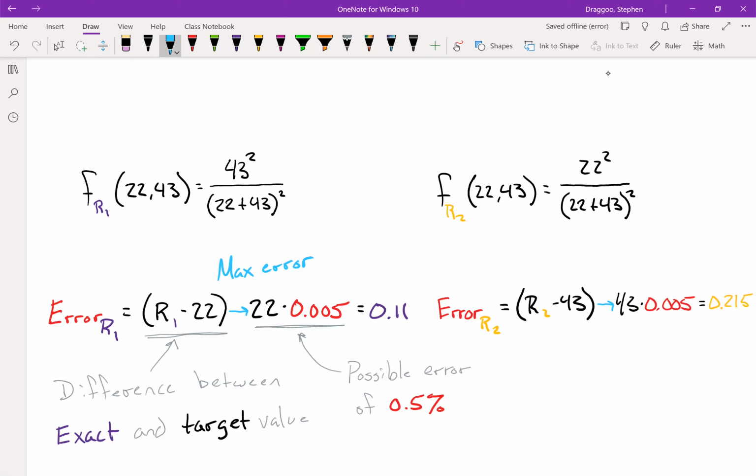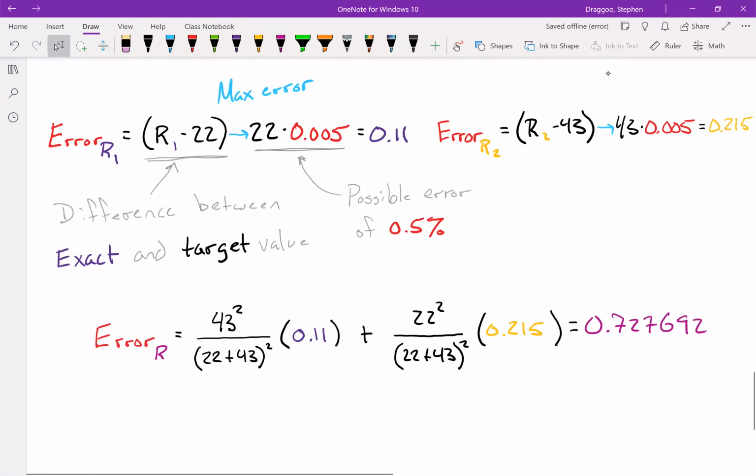We have an estimate for how the error in R1 and R2 will affect the error of the total resistance R. So the final step is to just put it all together. So the error in our total resistance R is equal to the R1 partial times the error in R1, which is 0.11, plus the R2 partial times the error in R2, which is 0.215.